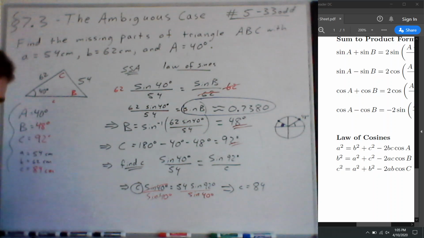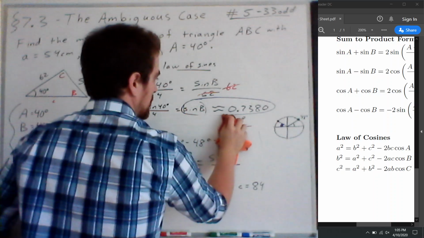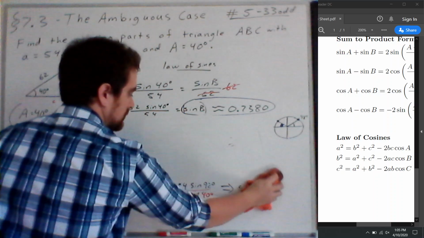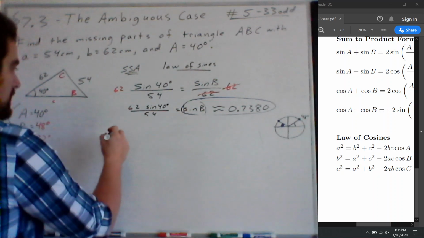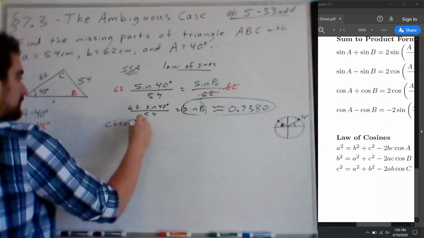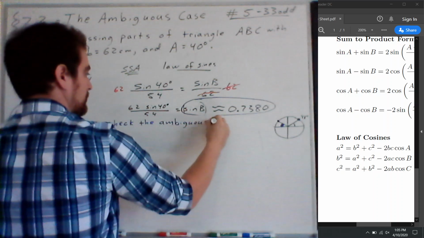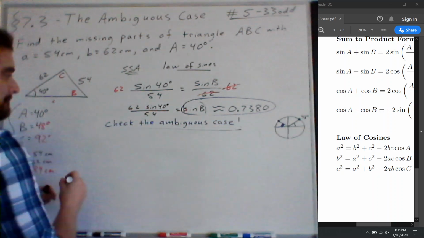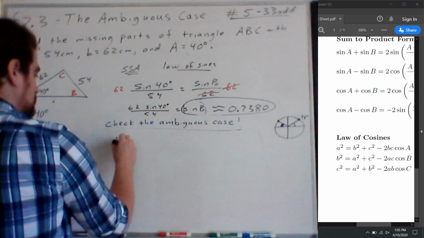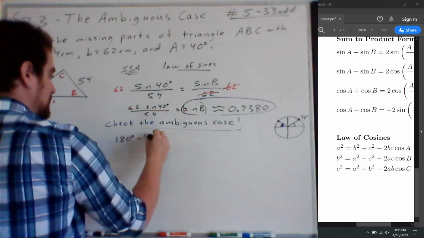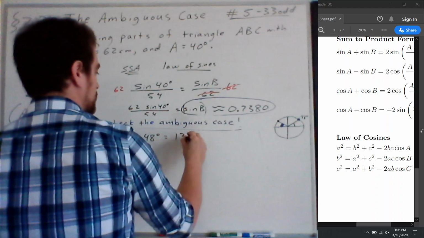So we have to be careful and check for an ambiguous case. Right when I got to here and saw that I got 48 degrees, I now have to check for the ambiguous case. What is 180 degrees minus 48 degrees? Well, that leaves us with 132 degrees.